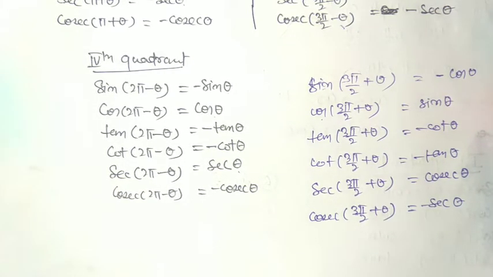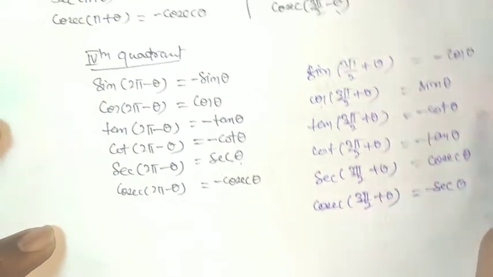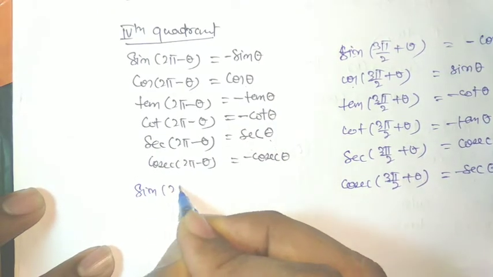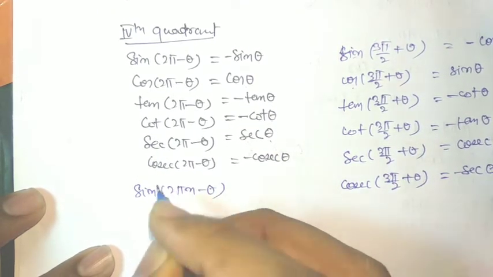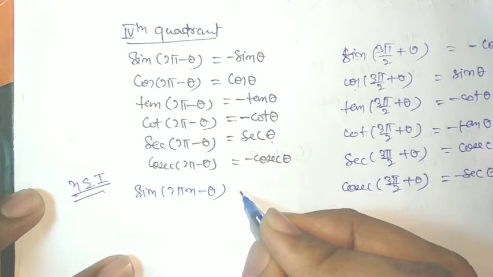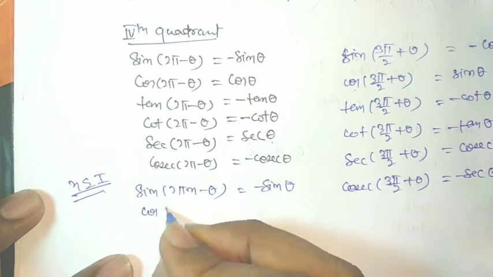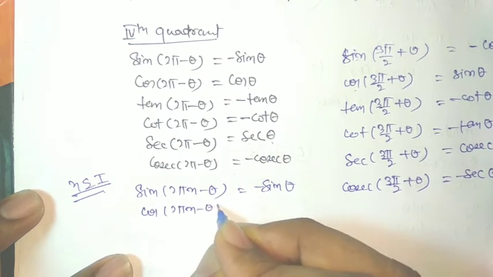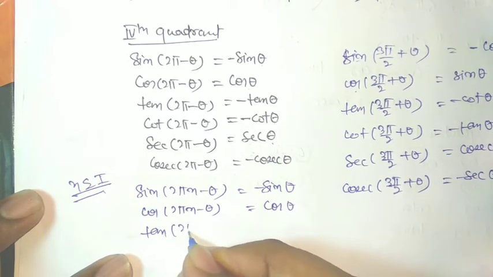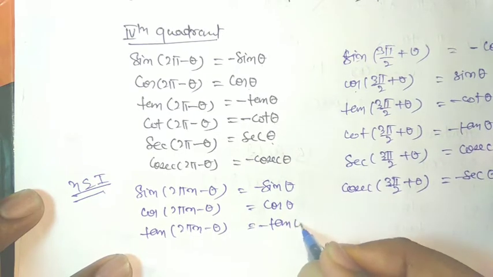Now the general formula for coming to fourth quadrant is sine 2 pi n minus theta. So n can be any integer. So sine 2 pi n minus theta will be minus sine theta. Similarly, cos 2 pi n minus theta will be cos theta. Tan 2 pi n minus theta will be minus tan theta.